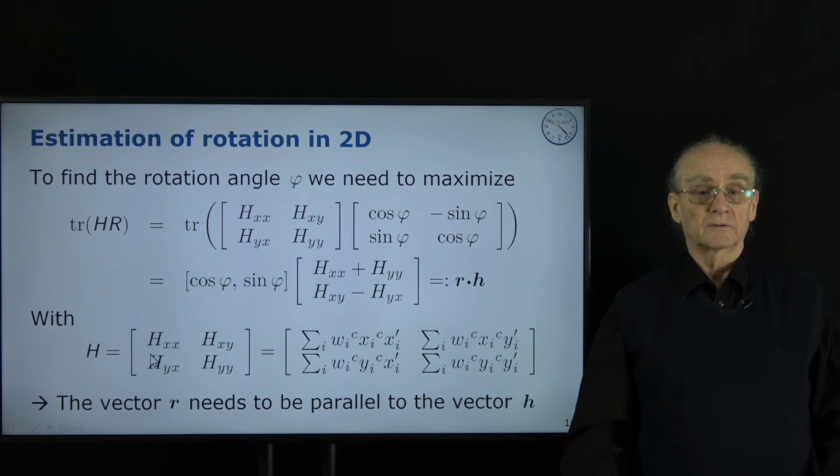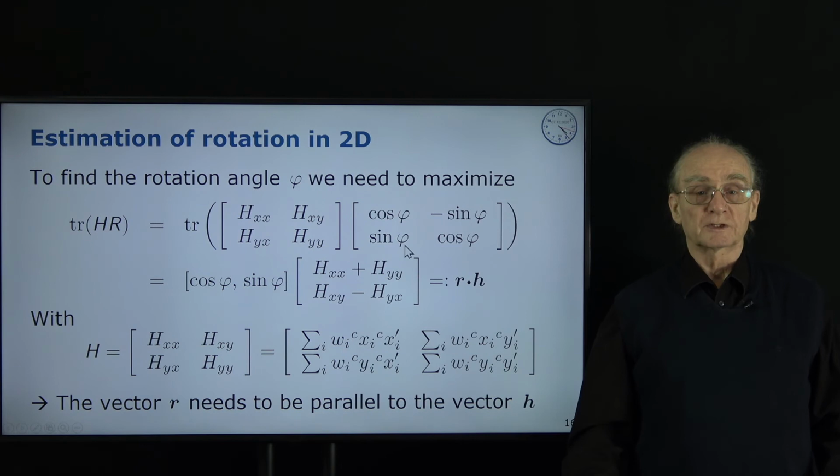You see here this is the definition of this matrix, and we have the weights of the X coordinates, the weighted sum of the XY, the weighted sum of the YX, and the weighted sum of the YYs. And because the X primes and the X here are different, this is an asymmetric matrix. So we have to multiply this with the unknown rotation matrix.